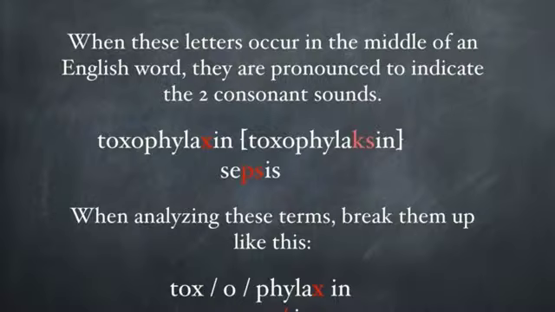I've noted in some of your homework that occasionally someone does an exercise in which the word analysis is actually the pronunciation for the word. That's incorrect. When you're breaking the words into the parts, it often doesn't align with the way you pronounce the word, because what we're trying to show with the word analysis is the Greek roots of the word.